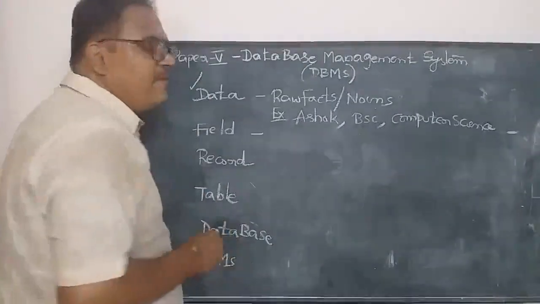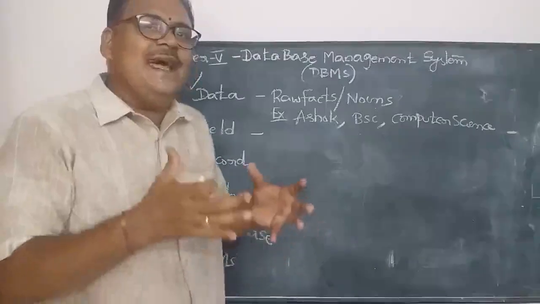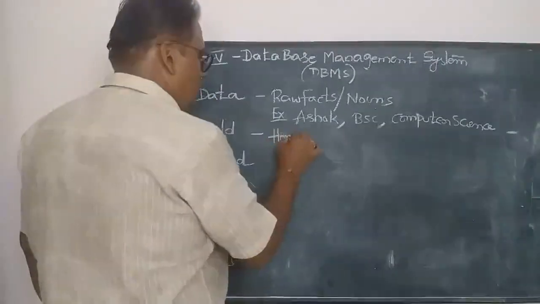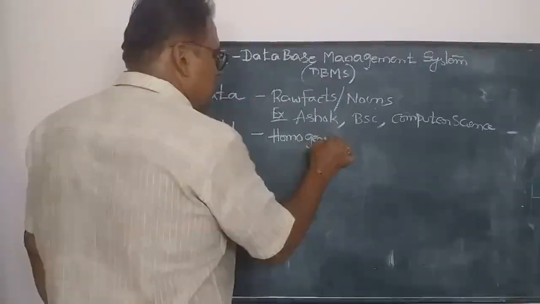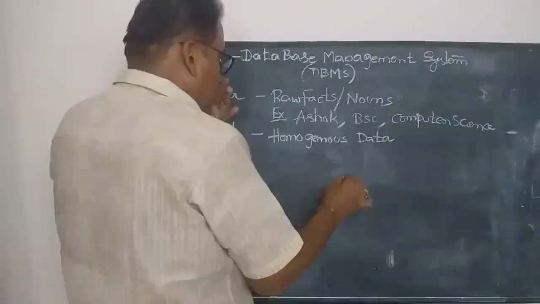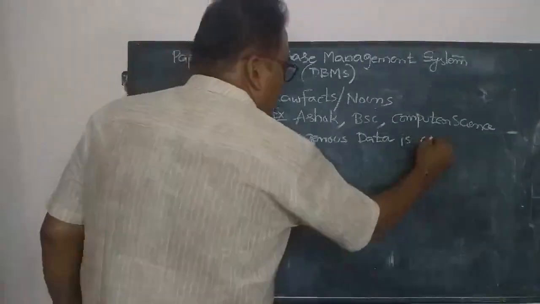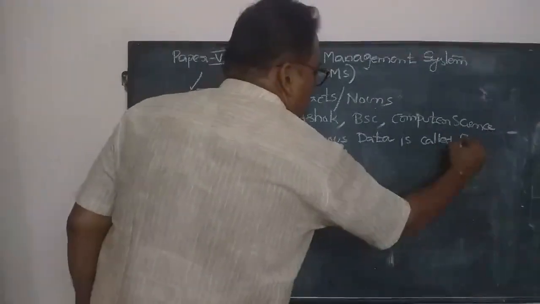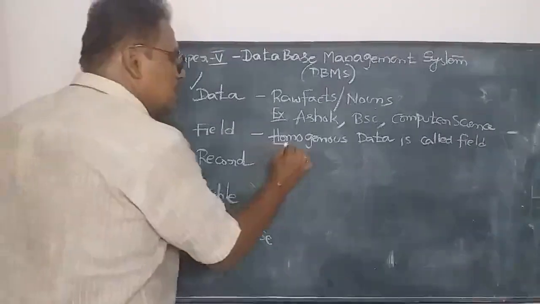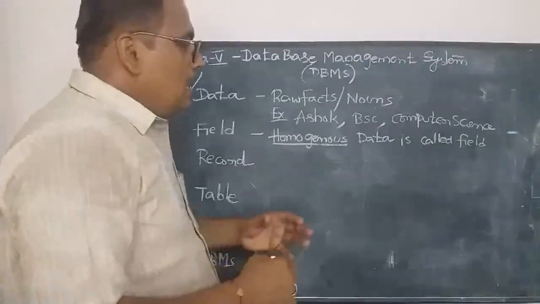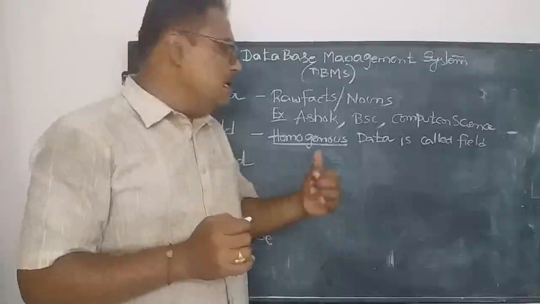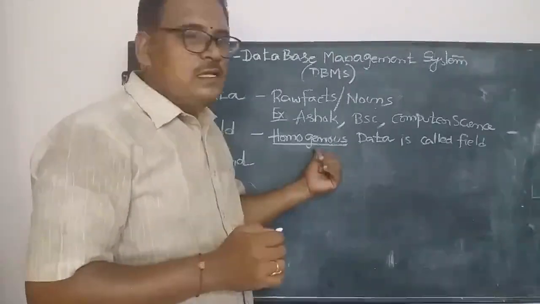And what is meant by field? Homogeneous data is called a field. What is meant by homogeneous? A particular set of data items which have the same relation is called homogeneous. So let me explain.